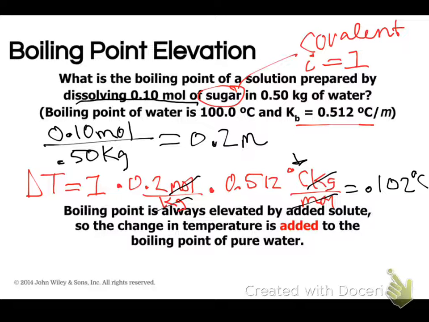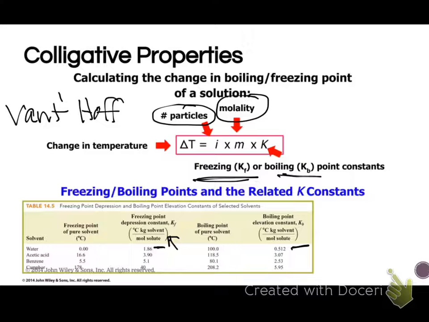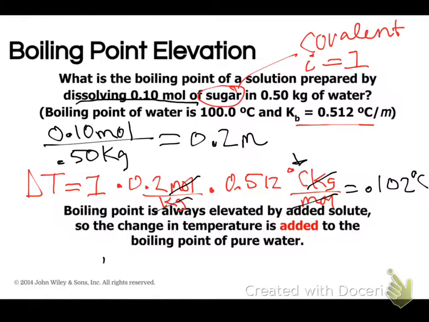0.102 degrees Celsius. Now, this is water being boiled, and it says here that water boils at 100 degrees. And we want to know the actual change. We want to take that change in temperature and figure out what the actual boiling point is going to be, because it asks us for boiling point, not for the change in the boiling point.